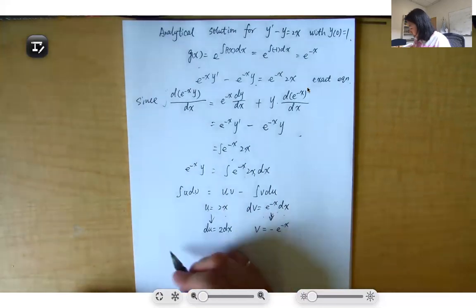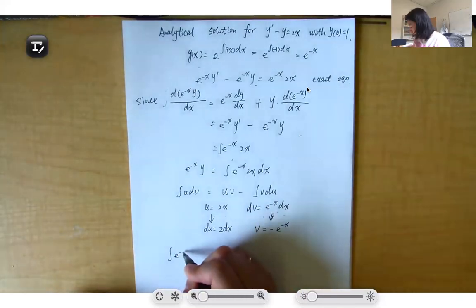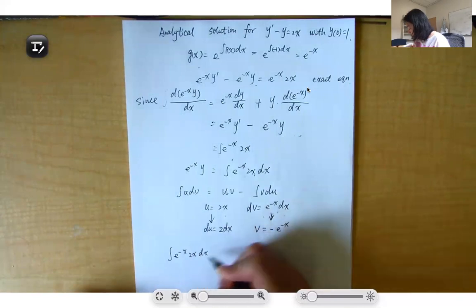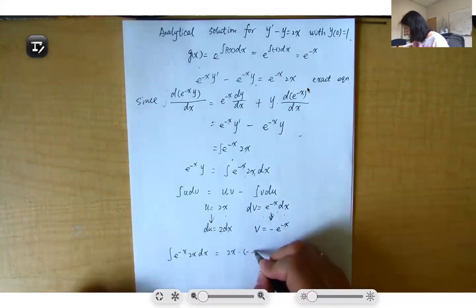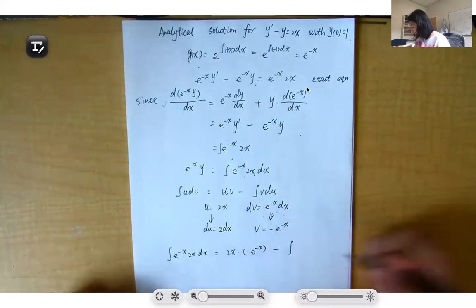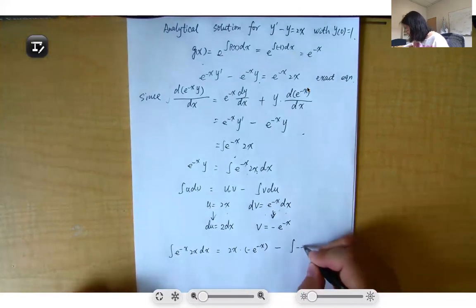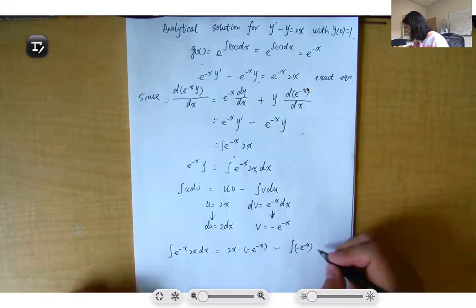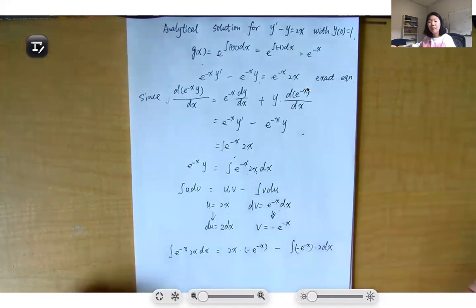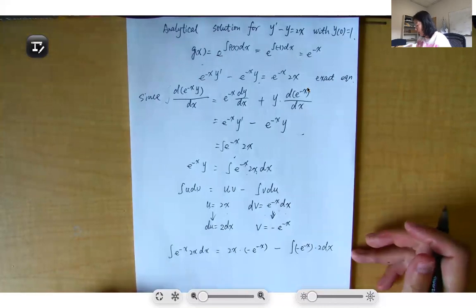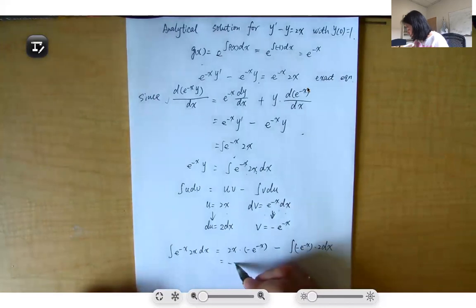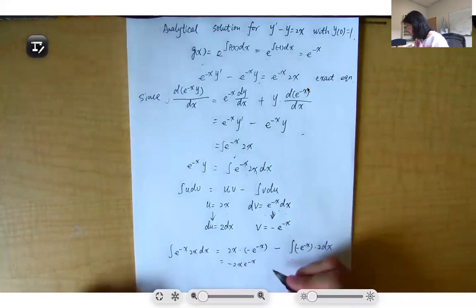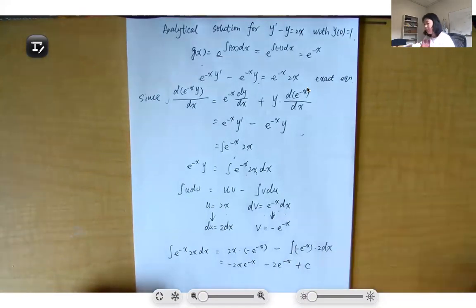Then we can get this integral, e to the minus x 2x dx, which will be equal to uv, which is 2x times minus e to the minus x, minus the integral of v du, minus e to the minus x times 2 dx. Okay, and then you can just integrate this part to get the final solution, which is minus 2x e to the minus x minus 2e to the minus x plus some constant.